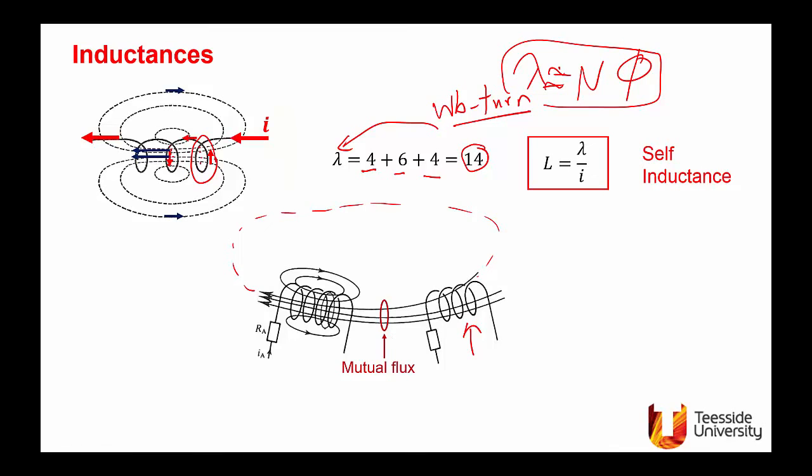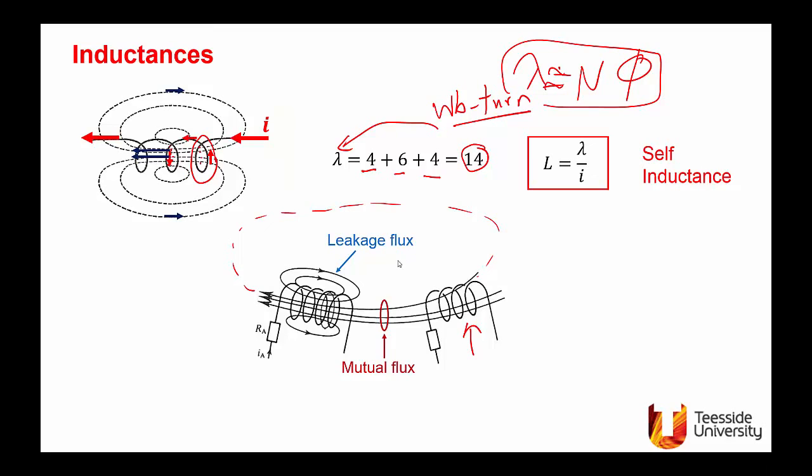If you look at flux lines like these, these are not mutual, these are not linking the second coil, and we call them leakage. You have to remember, to define leakage, you have to define a flux path.